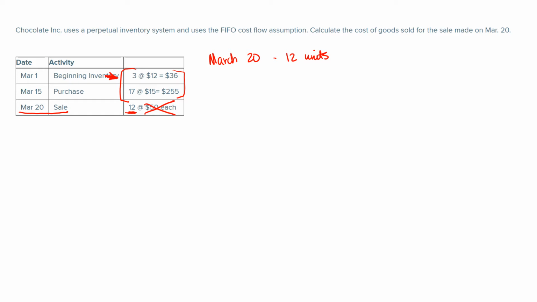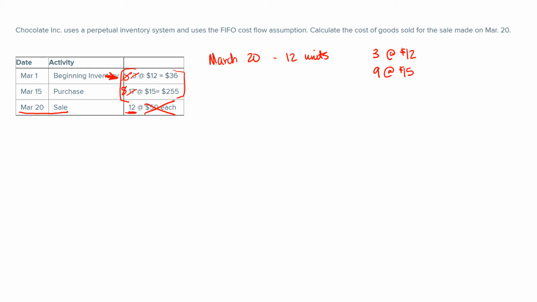There are 3 of them, at a cost of $12 each. That's going to wipe these out to 0. There were 12 units sold, and that accounts for 3 of them. So now we need to look at the other 9. The other 9 will be pulled from the March 15th purchase, at $15 each. And then that will leave in inventory 8 at $15.